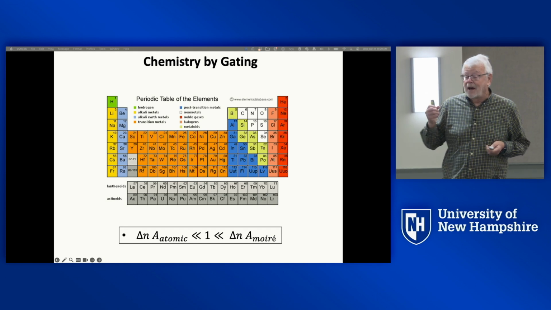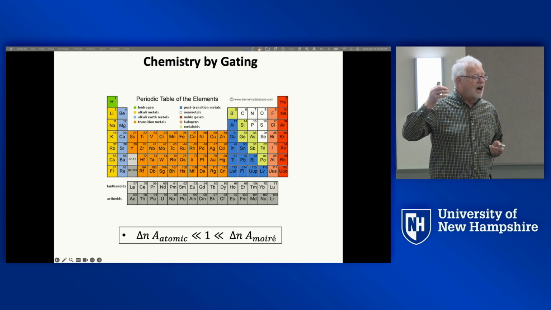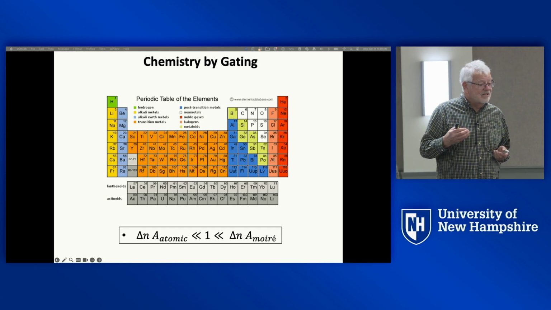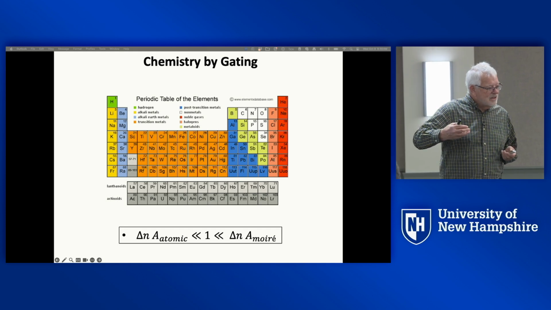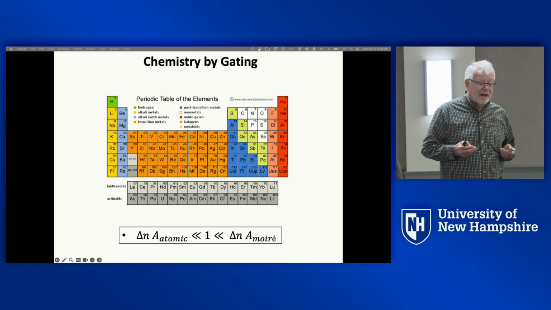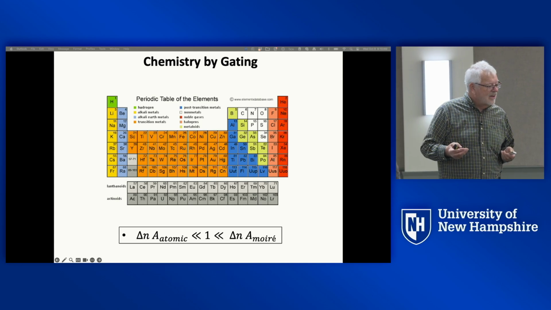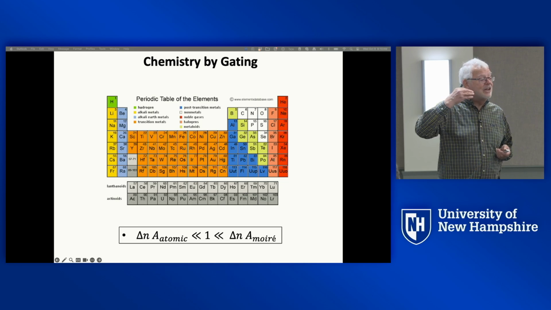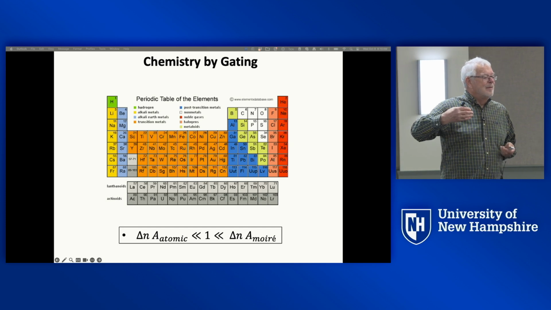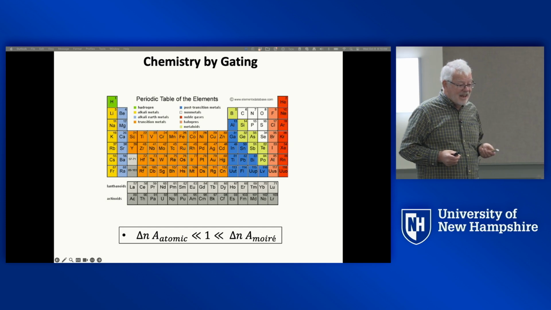But in these artificial periodic systems, the Moiré materials, the size of the unit cell, the artificial lattice constant, is typically about 100 times larger. Unit cell areas 10 to the 4 times larger. So that means that we can change the number of electrons per artificial atom by typically maybe around 10 or so.